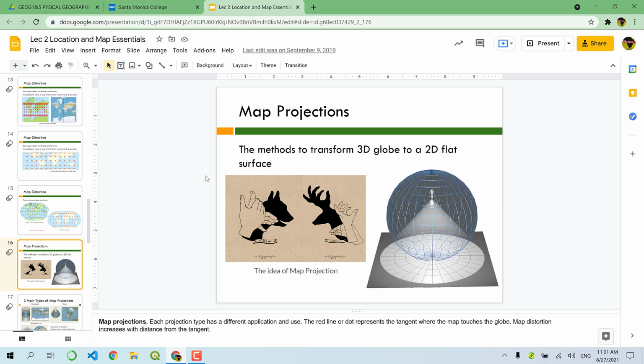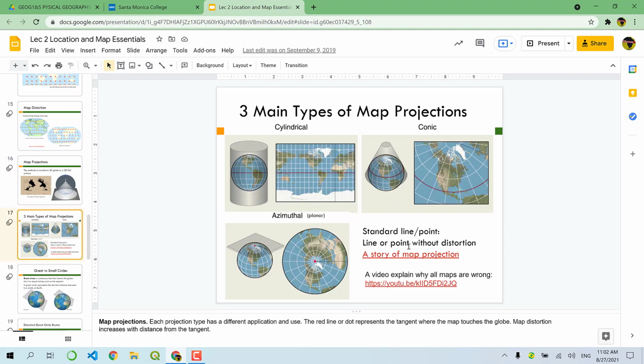And how do you convert 3D to 2D? You use the projection idea: turn on your light bulb and cast the shadow of your parallels and meridians. One point is very important: the standard point or standard line is important because there is no distortion.